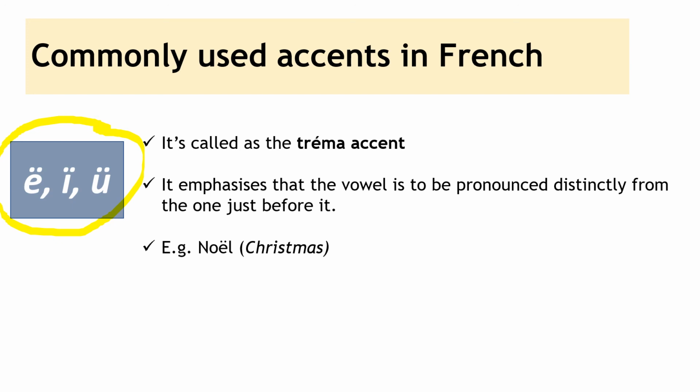So, for example, as you can see in this word, Noël. Now, there are two vowels which are used in this word, which is O and E. And the tréma accent says that you need to emphasize on the vowel E in this word. Noël, Christmas.